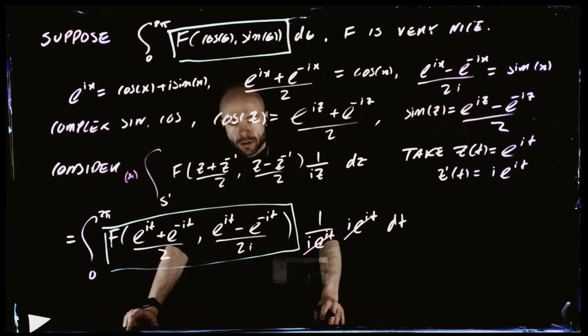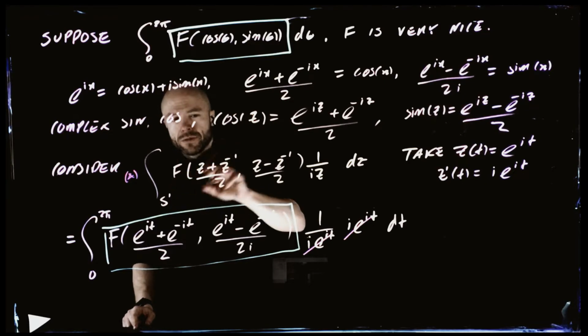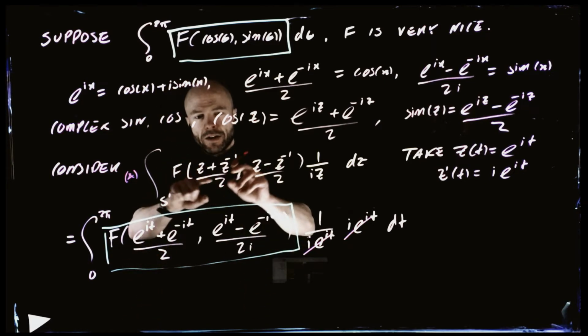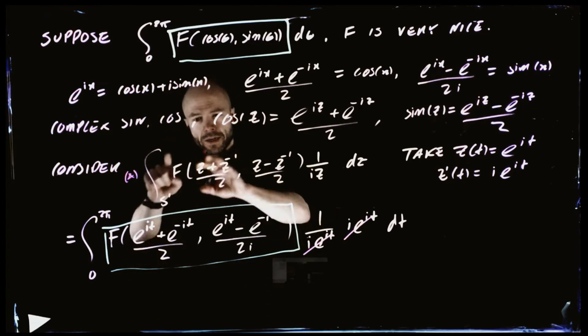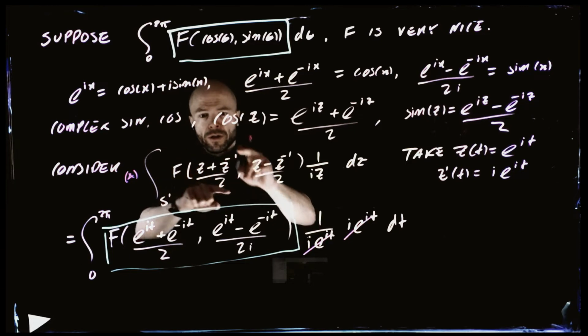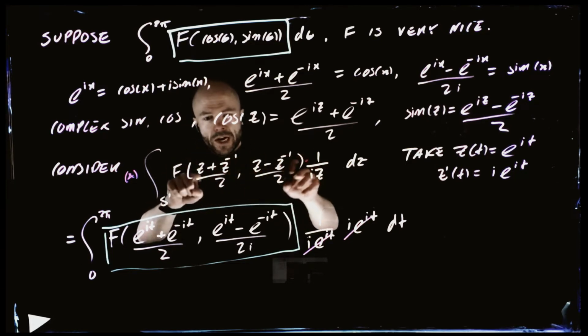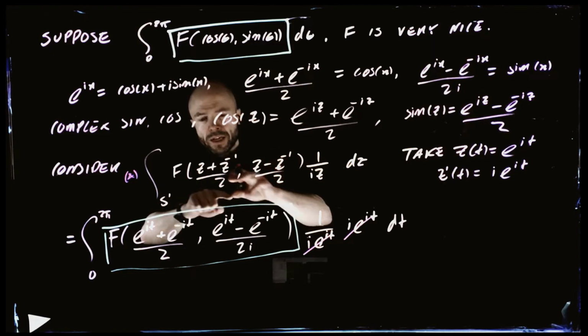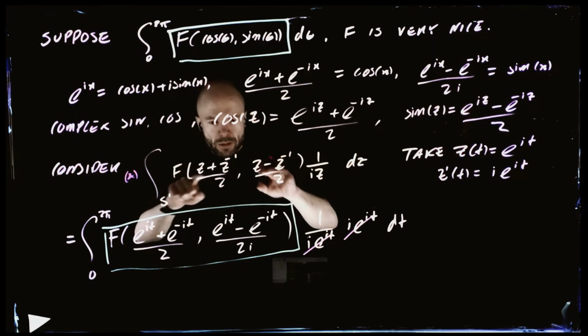So it's the class of f for which this will work. You can see just algebraically that if you take any kind of polynomial function of both variables, then for sure that's going to be fine. Thinking a bit more generally, if you take any kind of rational function of both variables, that's going to be fine.